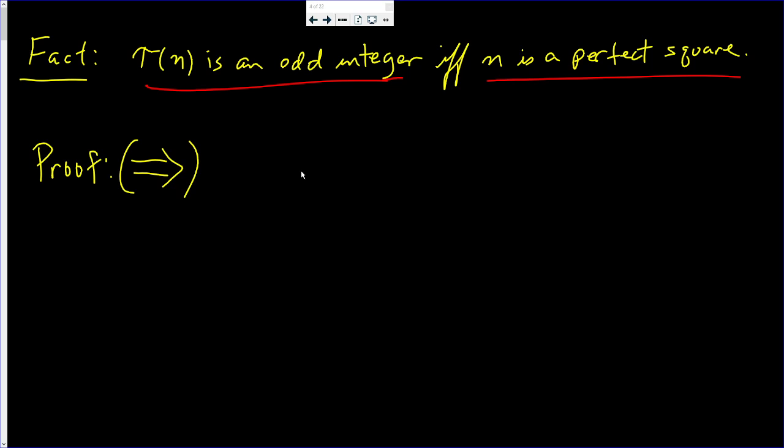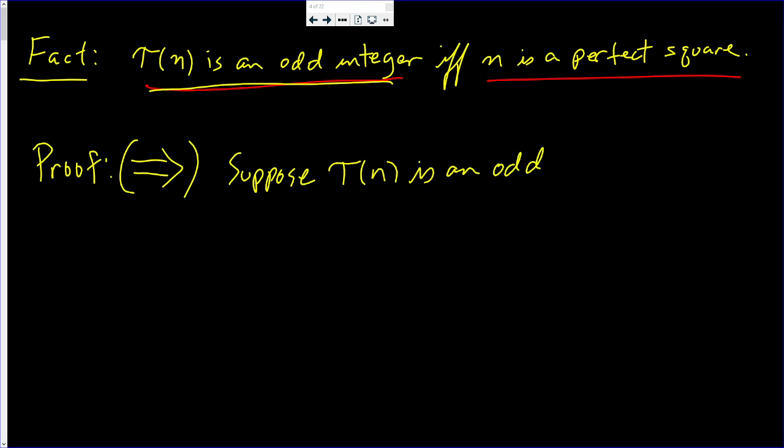Okay, so we're going to start off with, suppose that tau of n is an odd integer.